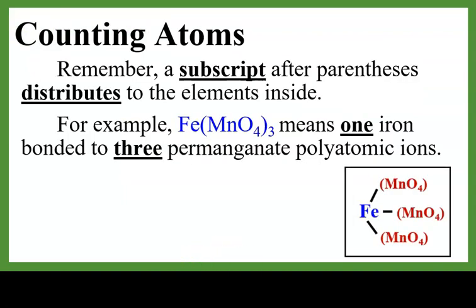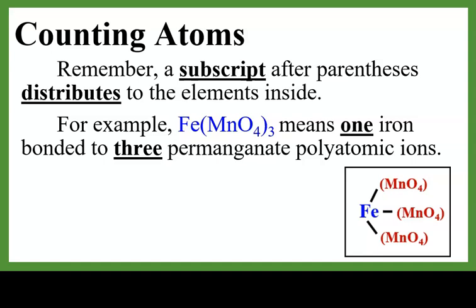So when we count atoms, remember a subscript after parentheses distributes to the elements inside. So for example, Fe written with permanganates, that's a polyatomic ion. If we actually drew out the whole thing, it means that there's 1 iron bound to 3 permanganate polyatomic ions. But what does this actually mean? This actually means we have 4 O's up here.